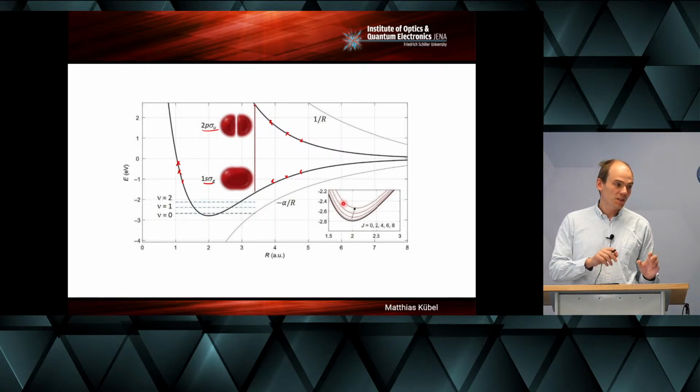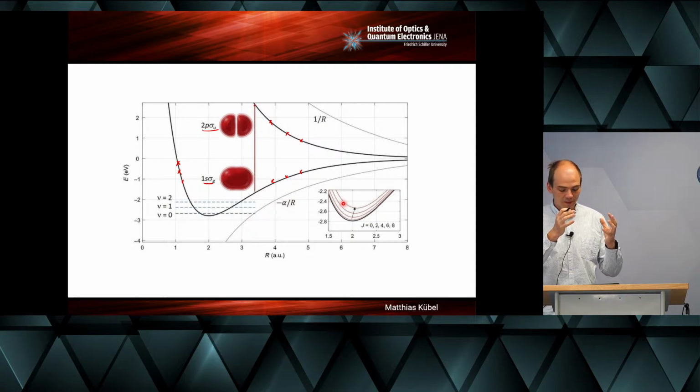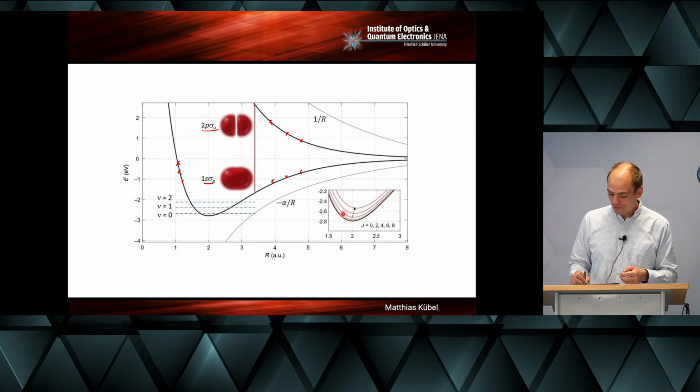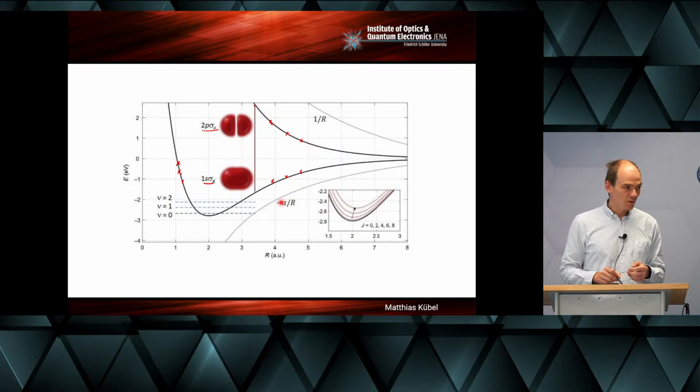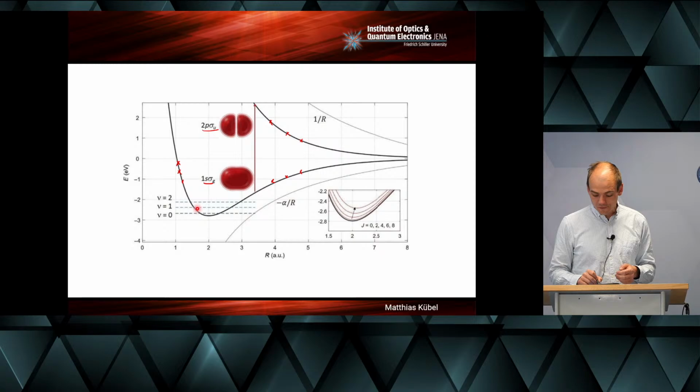Now you can also take into account the rotational motion. There's a Hamiltonian associated with it, and this gives rise to these curves here. These are the rotational states, and each vibrational state has many rotational states.